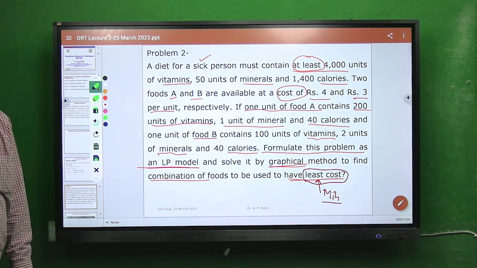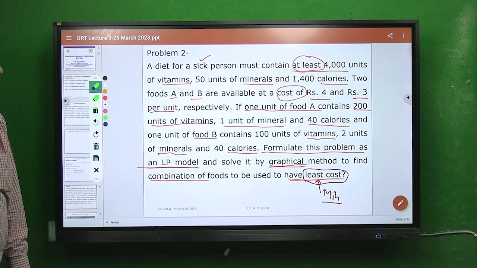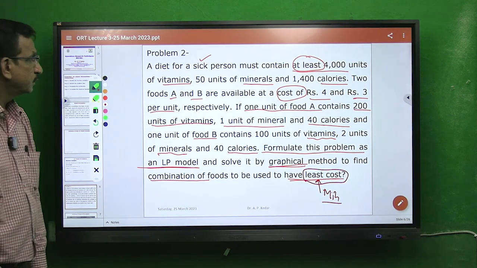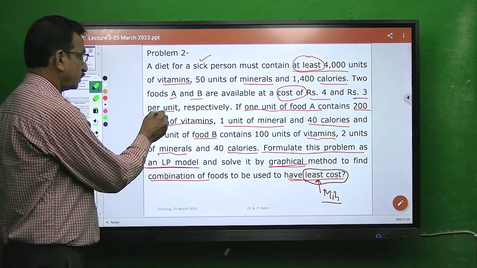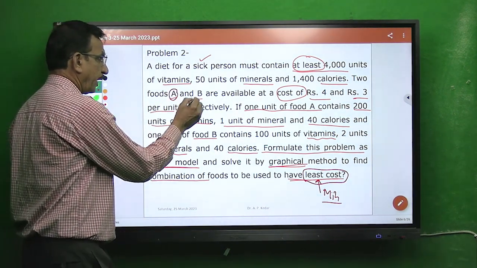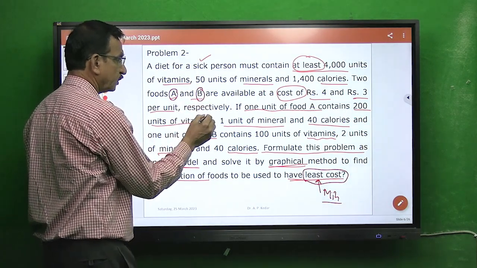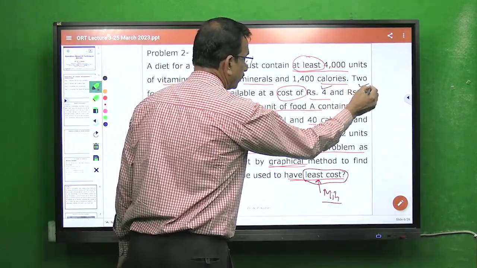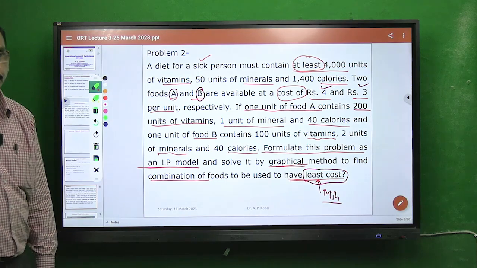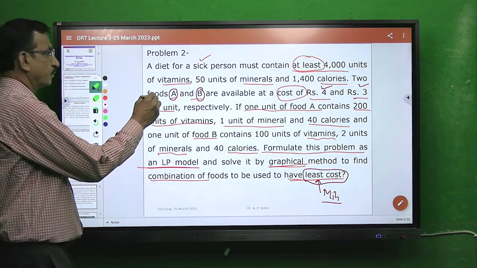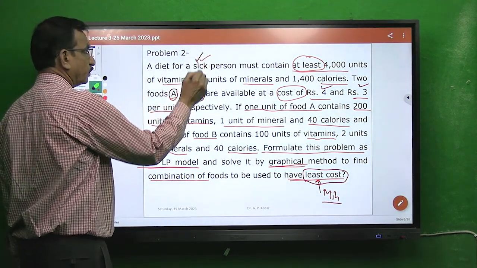So the objective function is clear, and now we have to decide how much of these foods A and B, of which costs are given, to produce so as to improve the health of the sick person.